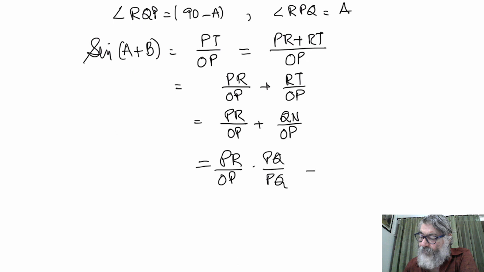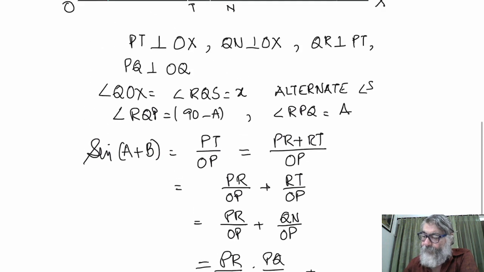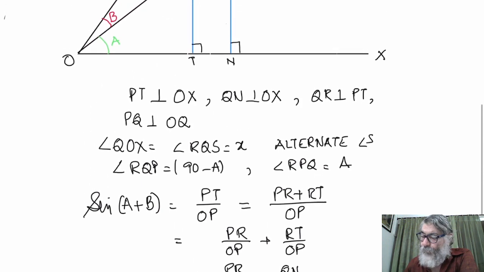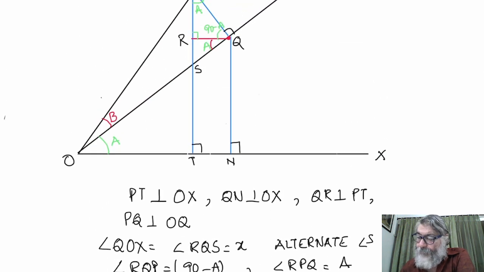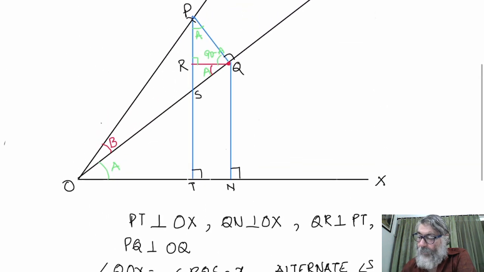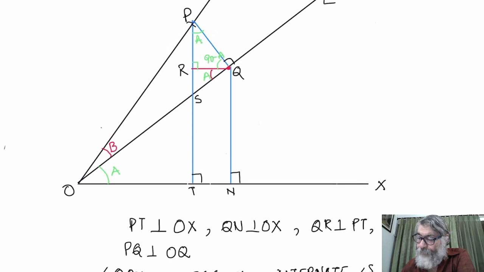Similarly, let us see with QN in the figure. What is QN and OP? If you look at QN and OP, they are also not related to each other. They are not part of one triangle. So what I can do is, if I take OQ, then with OQ, both sides will be merged into two triangles.